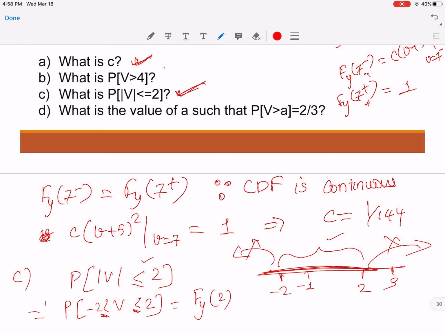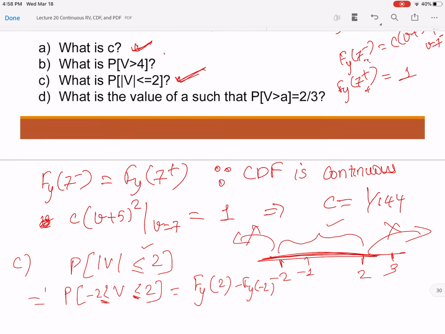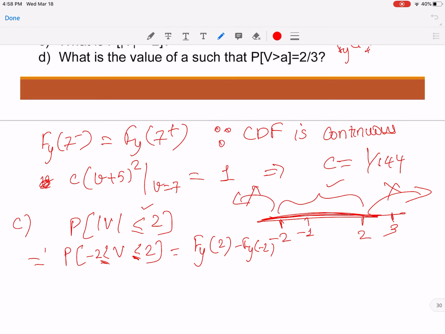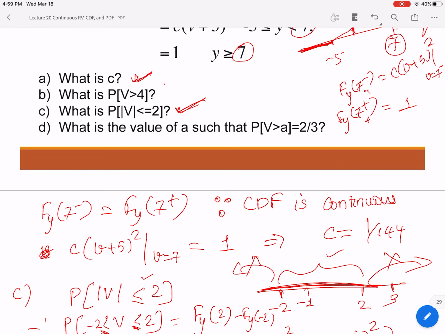So F at 2 minus F at -2, which gives me 1 over 144 times (2 plus 5) squared minus (-2 plus 5) squared, giving me 40 over 144. So that's the probability of part C. What I would like for you guys to do is solve part B and part D on your own.